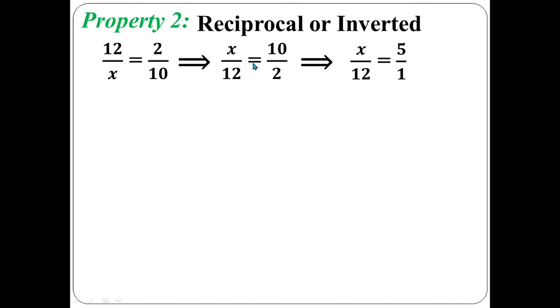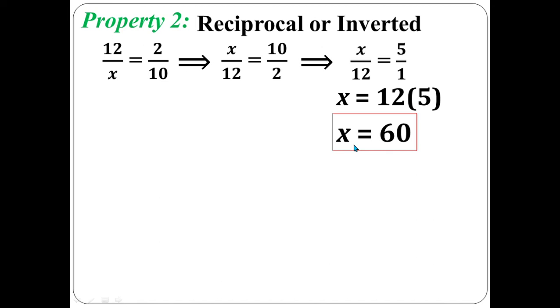You can also get the lowest term, 5 over 1. Means by means, extremes by extremes. So, cross multiplication method. Ang x is 60.